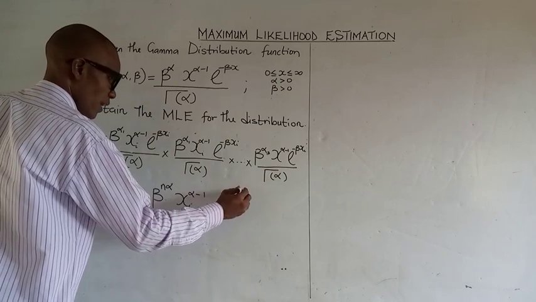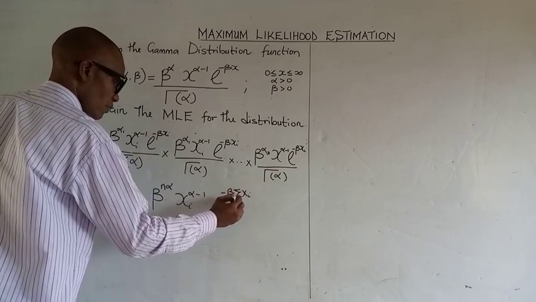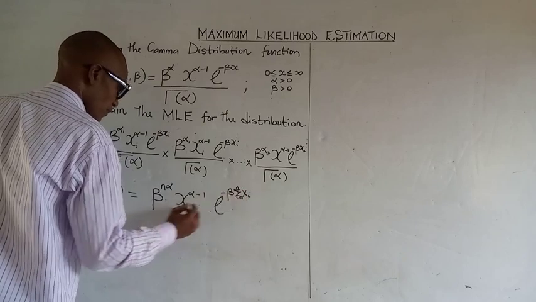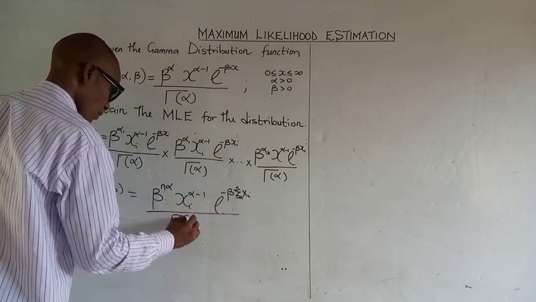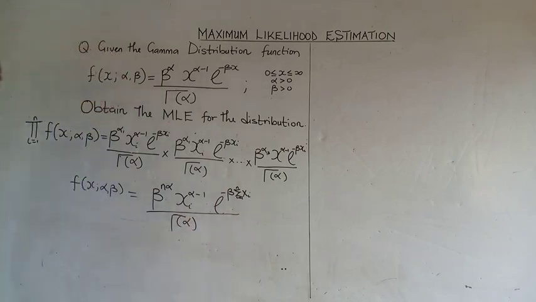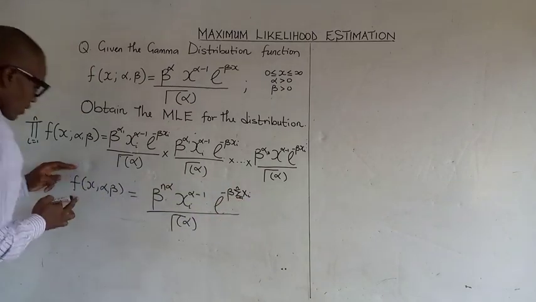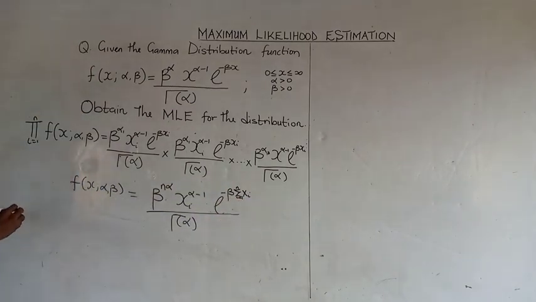If we sum the xi's, we have the summation of xi's, all over the gamma function. The next thing we do is to take the log.